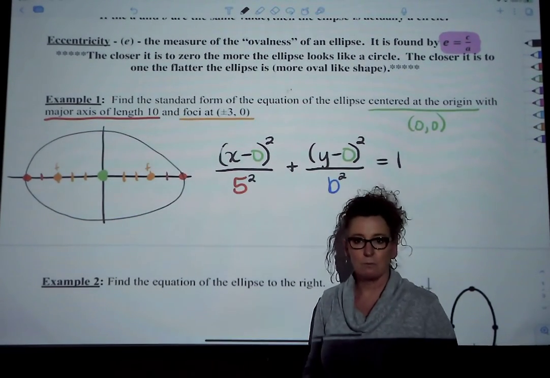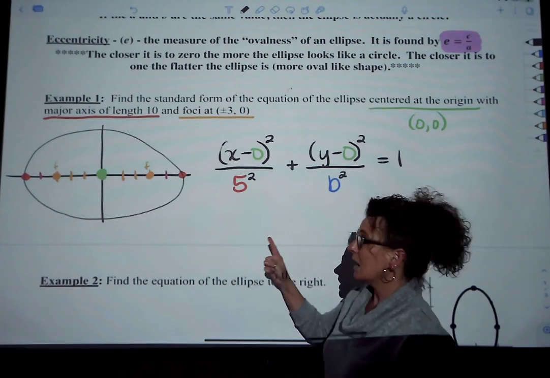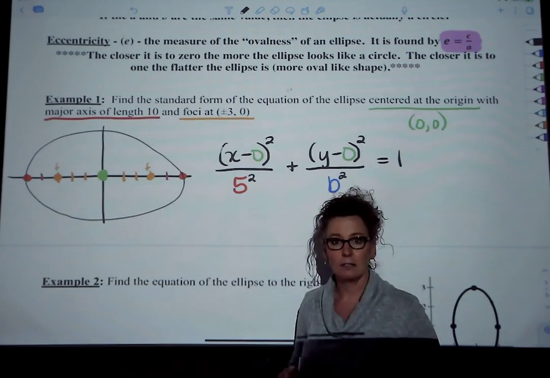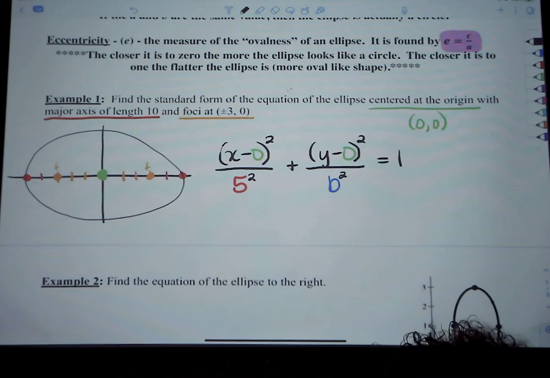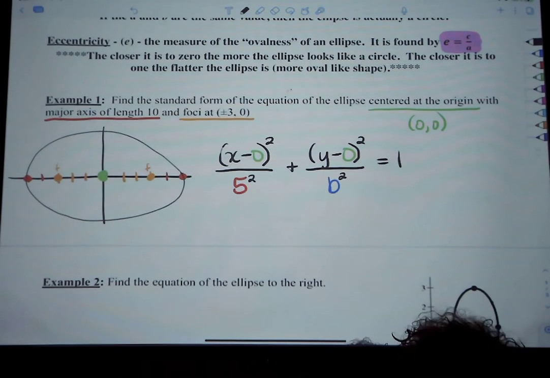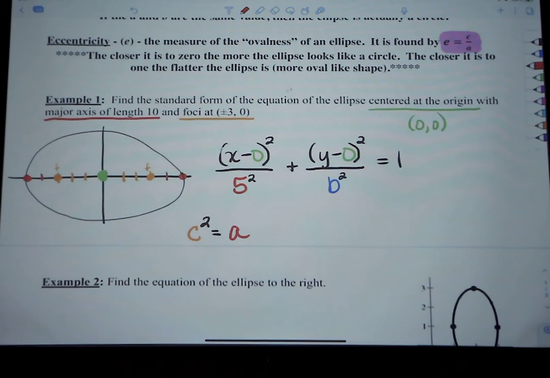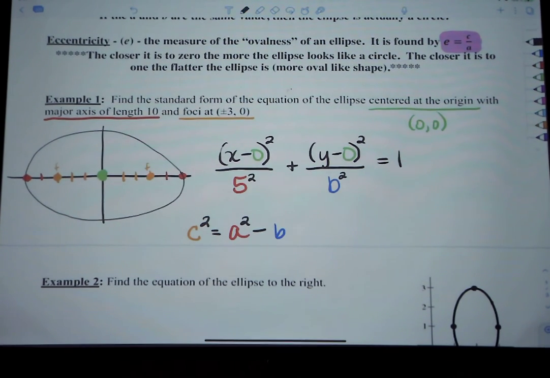How do we find it? Well, I know what A is. I know what C is. We can figure out what B is. It goes C squared equals A squared minus B squared.